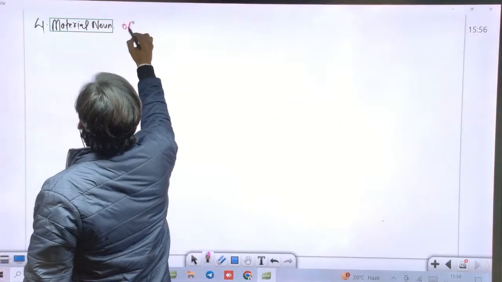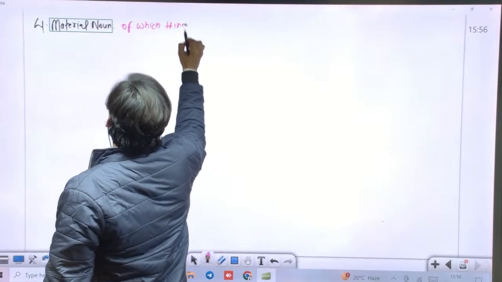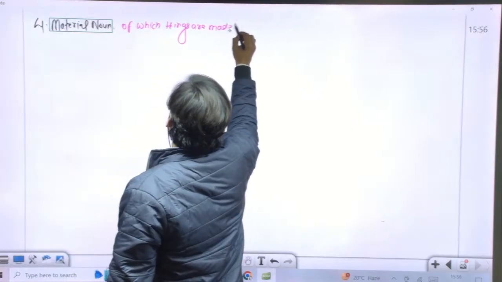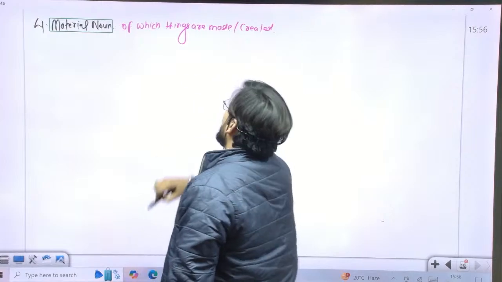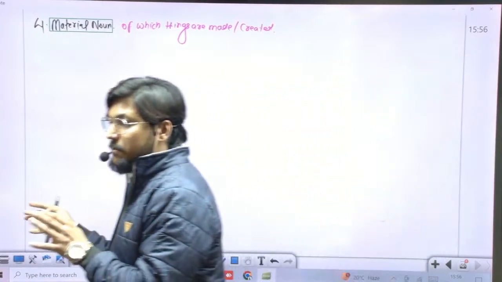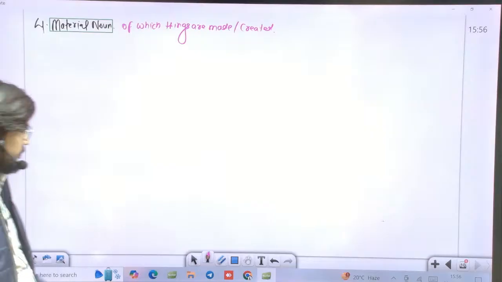So of which things are made, or we can say created. Of which things are made or created is your what? Material noun.